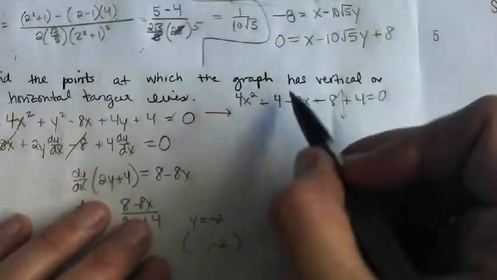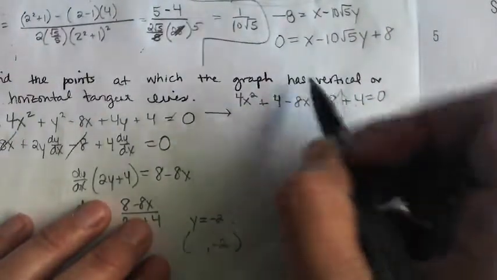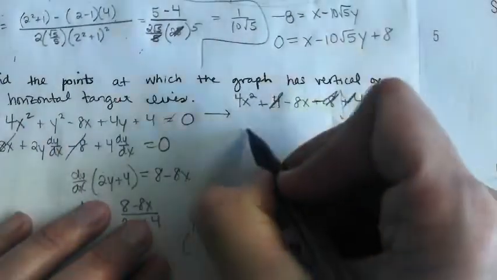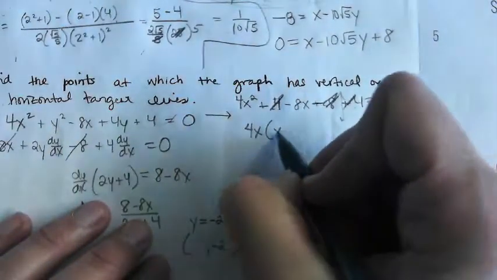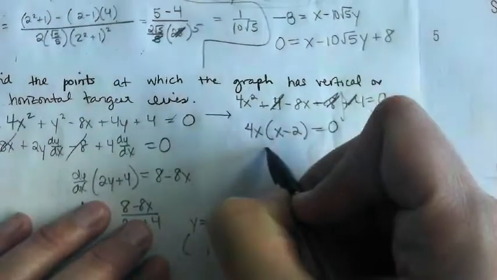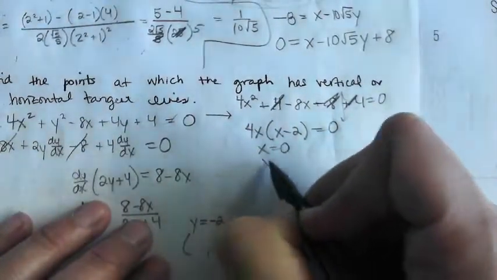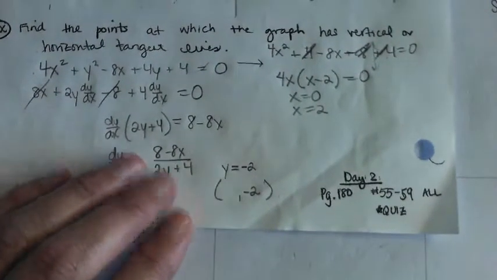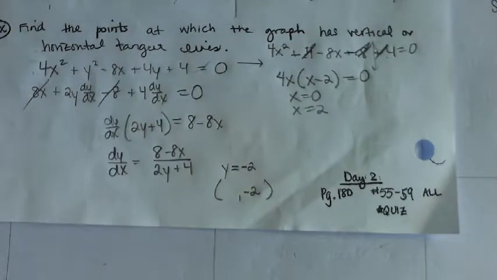Plus 4 is 8, minus 8. Those constants will cancel, so that's lovely. And then we can just solve by factoring out 4x. We're left with x minus 2. So that's either at x equals 0 or x equals 2. So there's actually 2 points where we have a vertical tangent line.